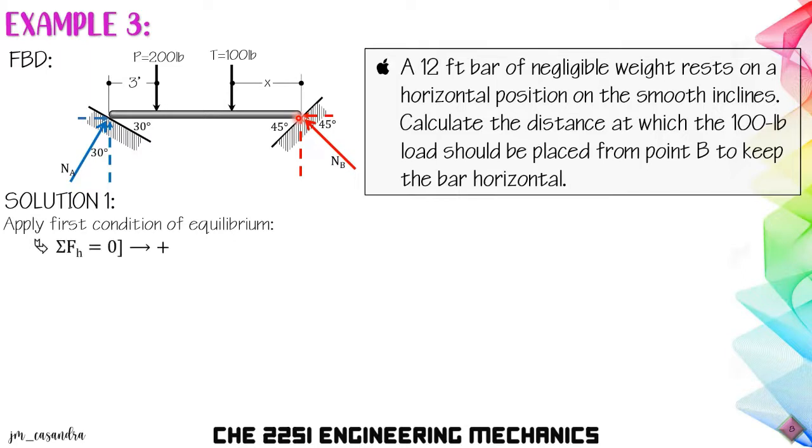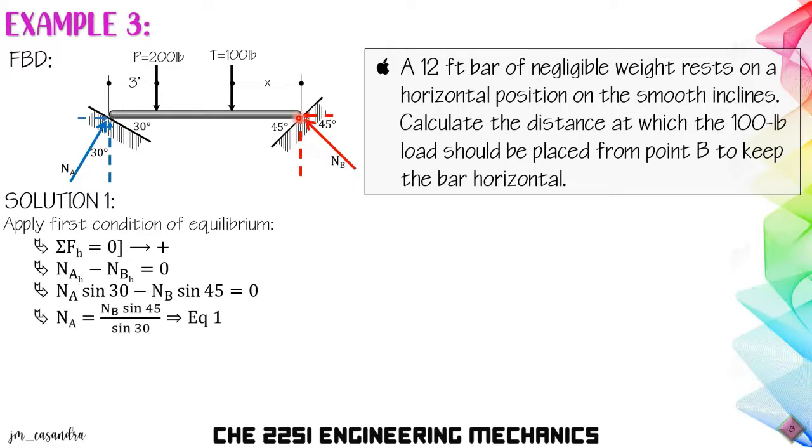So summation of forces along the horizontal is equal to 0. To the right, positive. So our equation will be NAH minus NBH. For expanding, NA sine of 30 minus NB sine of 45 is equal to 0. Or simplifying, NA in terms of NB will be NB sine of 45 over sine 30. Two unknowns, so this one becomes our equation 1.